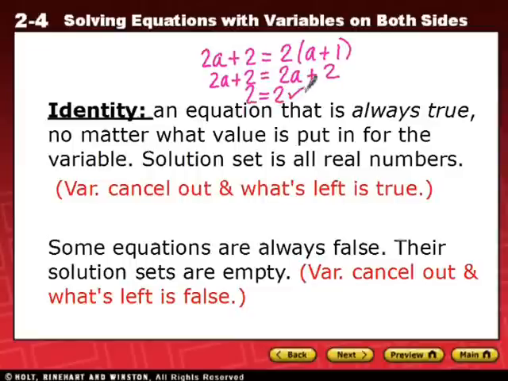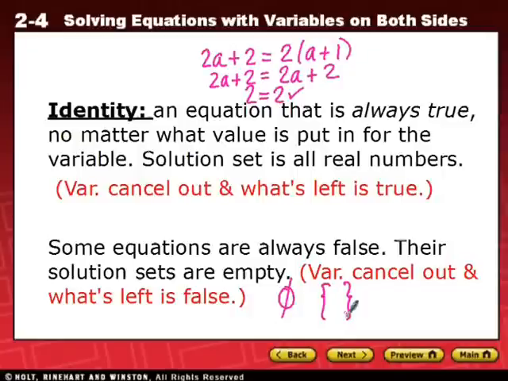Okay. Some equations, though, are always false. And we say that their solution sets are empty, and you can either put 0 with a slash through it, or you can make little wiggly brackets called braces with nothing in them. There's no solutions. The variables cancel out, and what's left is false.